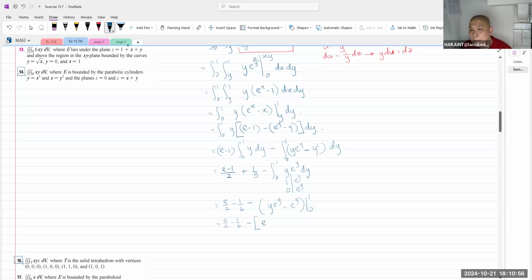That's e minus e, minus 0 minus 1. So e over 2 minus 1/6, this becomes minus, minus 1. So e over 2 minus 7 over 6.